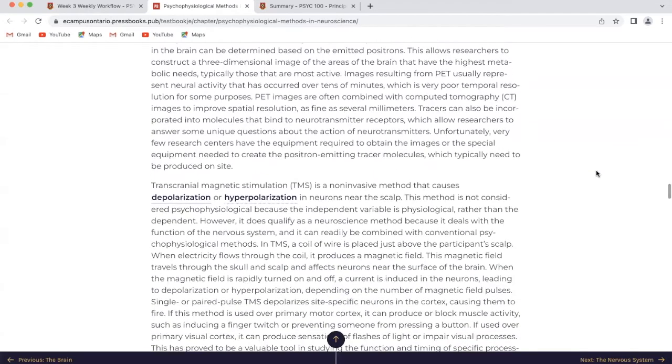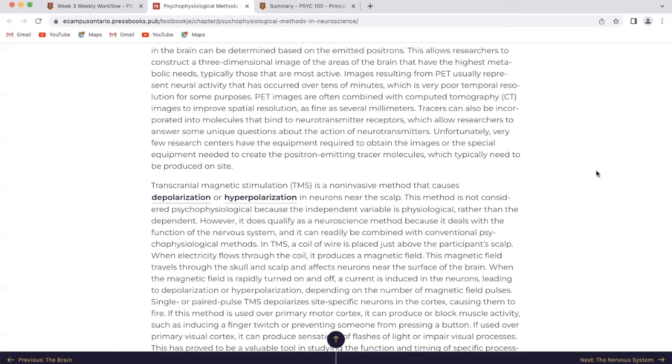Images resulting from PET usually represent neural activity that has occurred over tens of minutes, which is very poor temporal resolution for some purposes. PET images are often combined with computed tomography, CT, images to improve spatial resolution as fine as several millimeters.